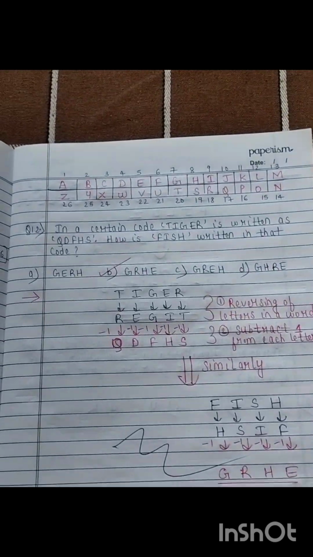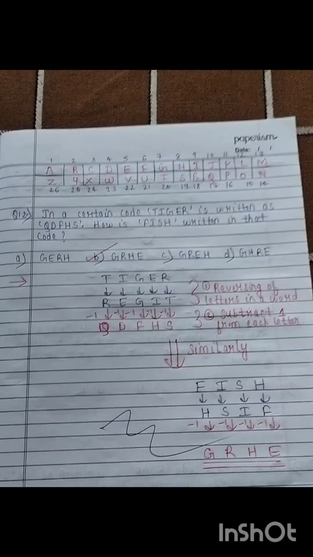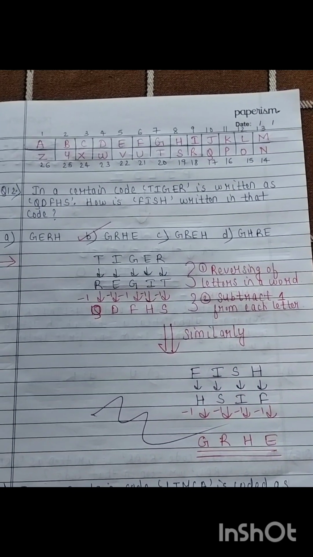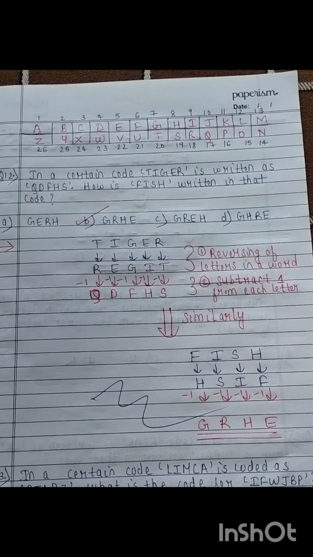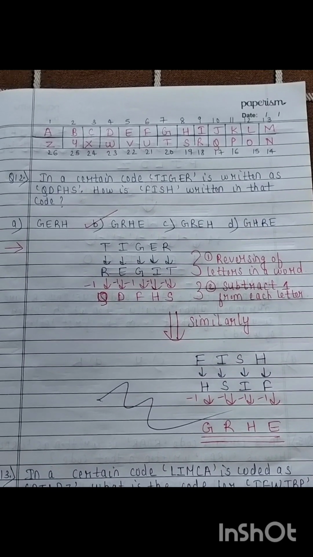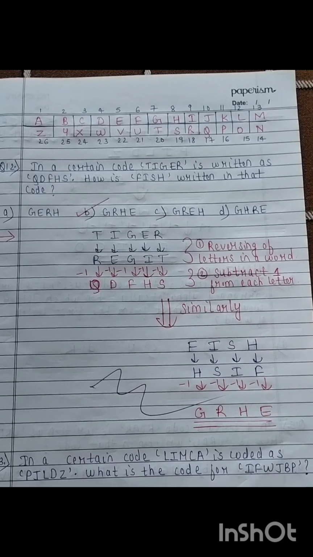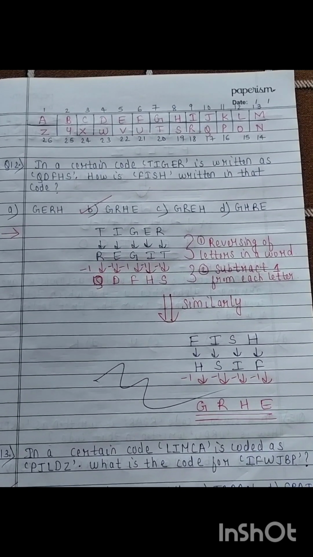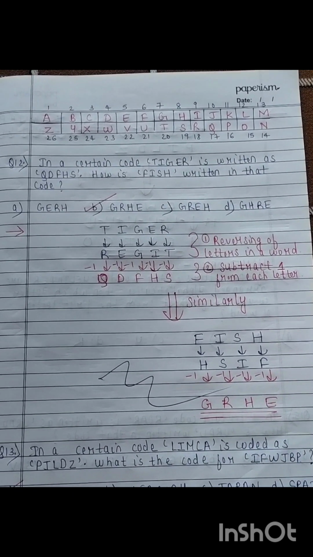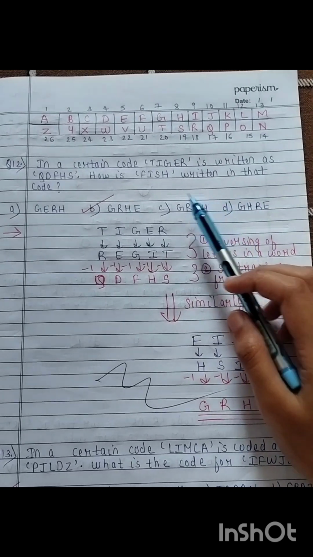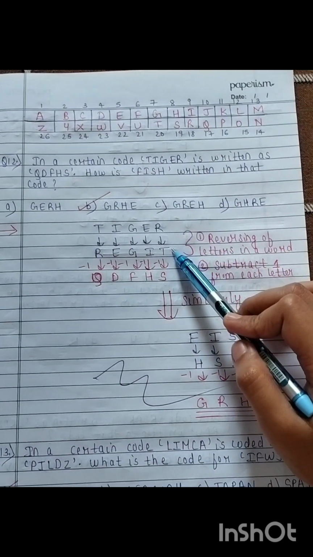Next type of question. In a certain code, TIGER is written as QDFHS. How is FISH written in that code? These are the four options given to you. Correct? So write TIGER, and write the coded part.